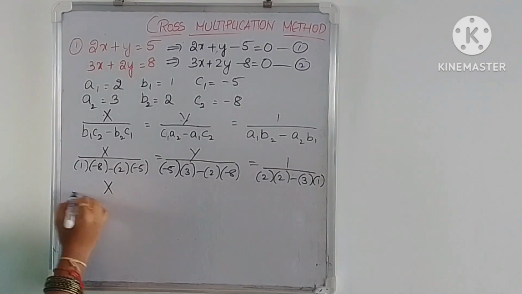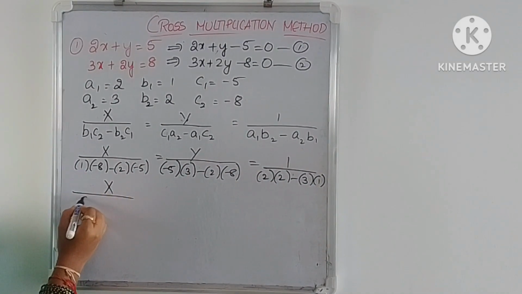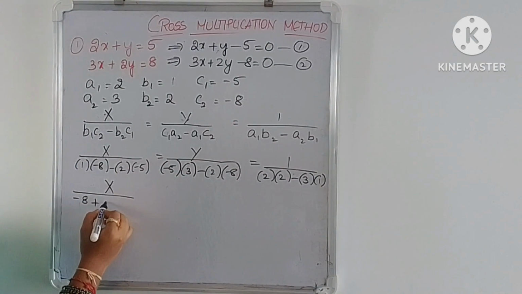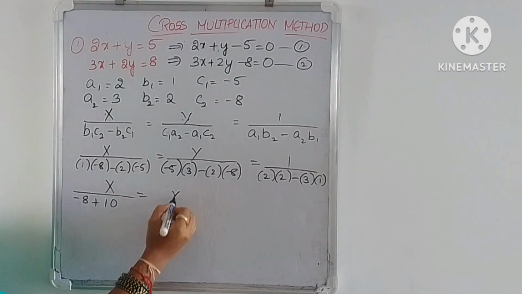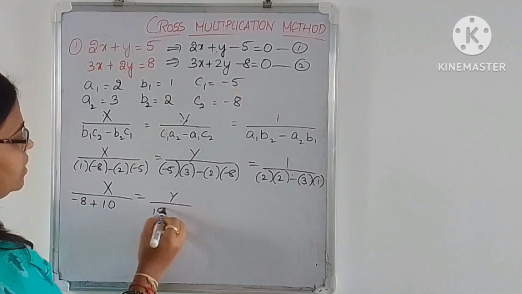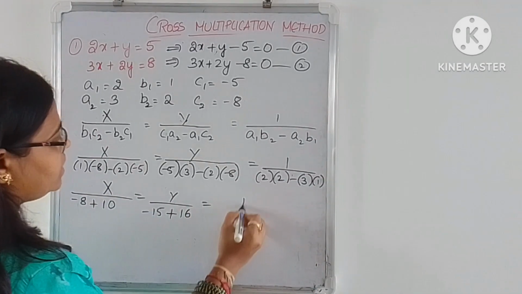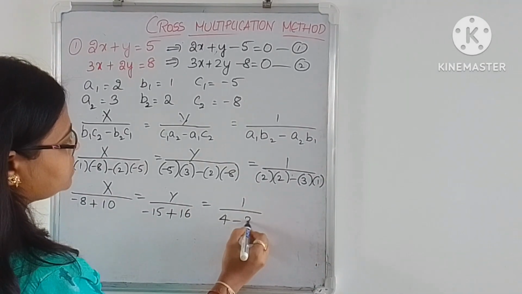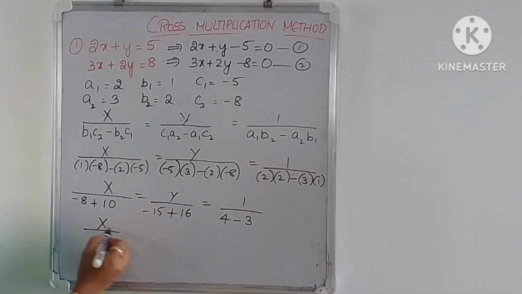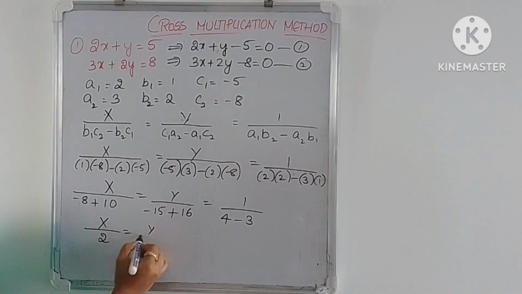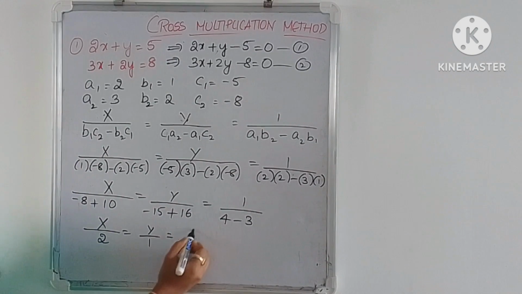So x by 1 into 8, 8 plus; minus into minus is plus, 5 twos are 10. y by 5 threes are 15, minus into minus is plus, 8 twos are 16. 1 by 4 minus 3. So x by 10 minus 8 is 2, y by 16 minus 5 is 1 by 1.